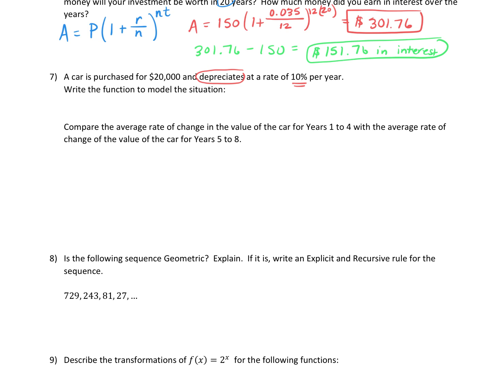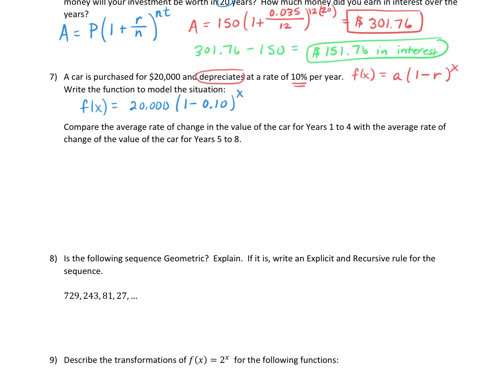It's depreciating, it's decreasing. So our decay model, f of x equals a, the initial amount, times 1 minus r, subtracting because it's going down, raised to the x power. So for this situation, we'll have f of x equals a, the initial amount, so this is a $20,000 car, times 1 minus r, where r is 10%, but we need to write that as a decimal, so 0.10 raised to the power of x.